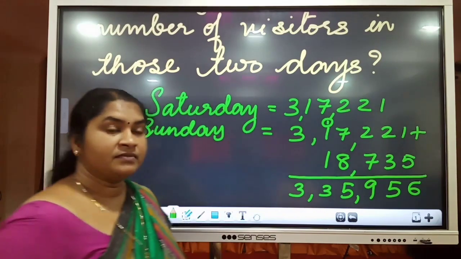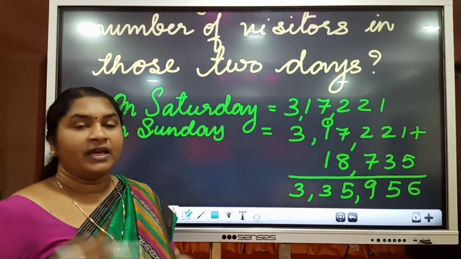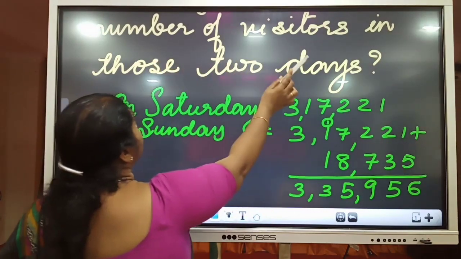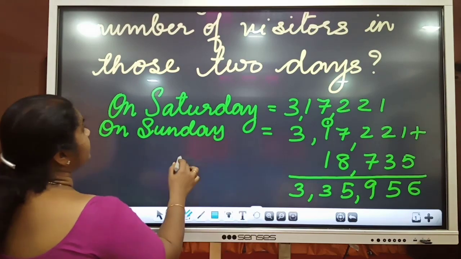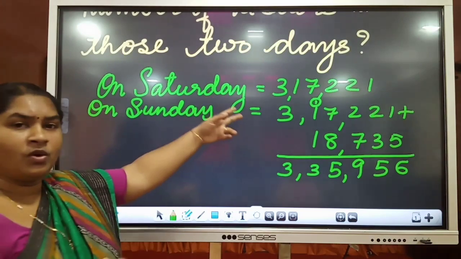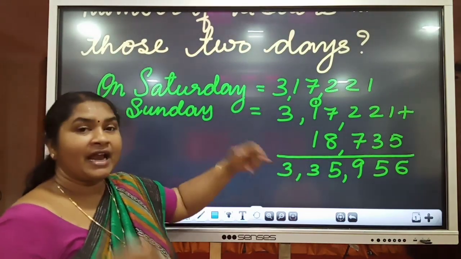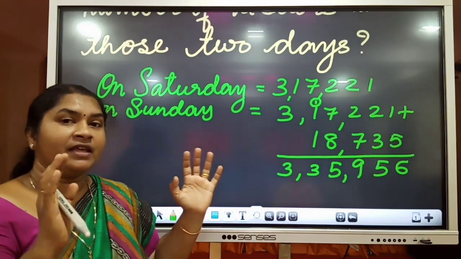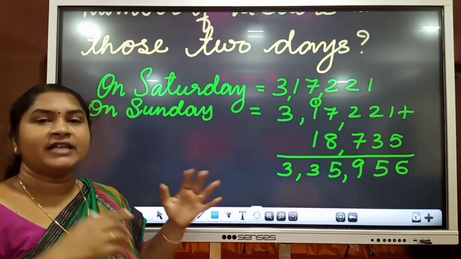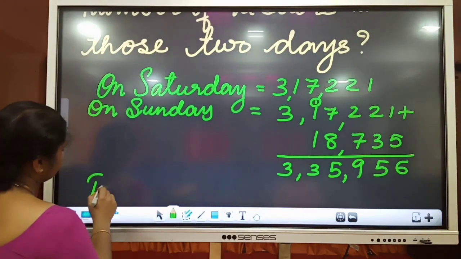See, 3,35,956 people came. And now what is the final question here? Find the total number of visitors in those 2 days. Saturday we know, Sunday we got. Those 2 we should add together, then only will we get the total number of visitors in those 2 days. So, total visitors.